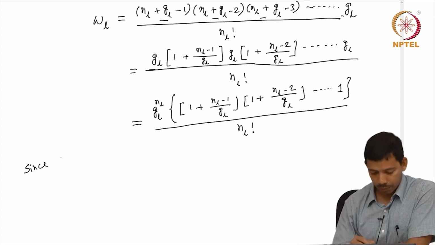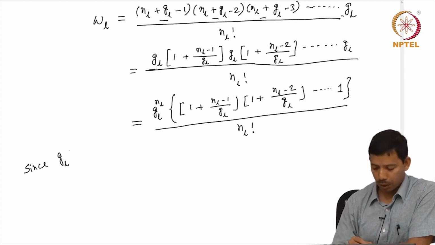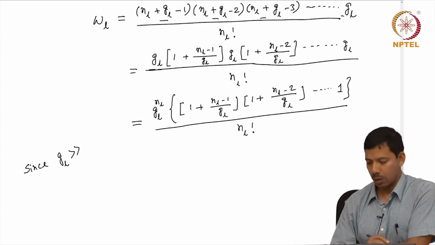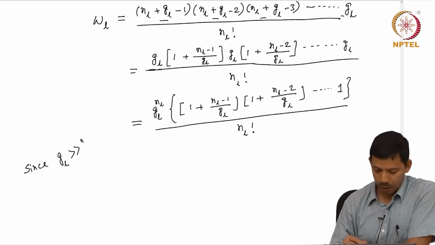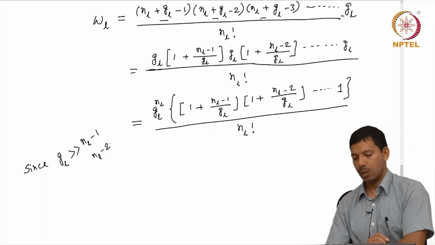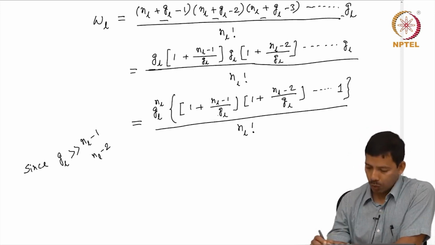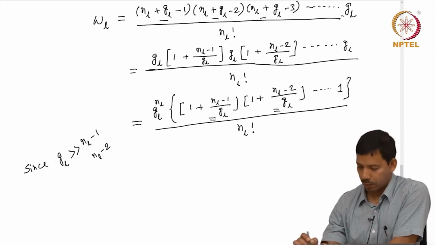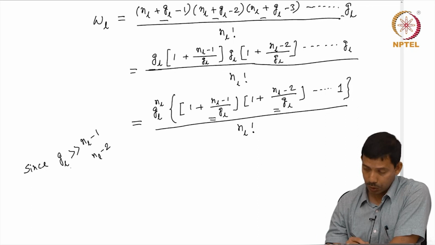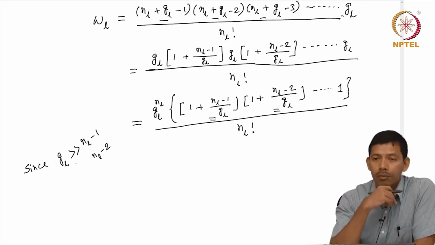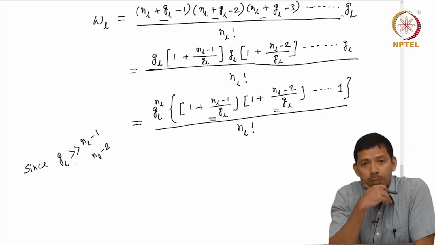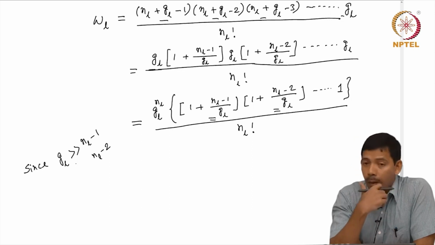Now since the degeneracy GL is much bigger than NL minus 1 or NL minus 2 or NL minus 3, we can neglect these terms, because the degeneracy in practice, in quantum states, each of the states is 10 to the power n fold degenerate.